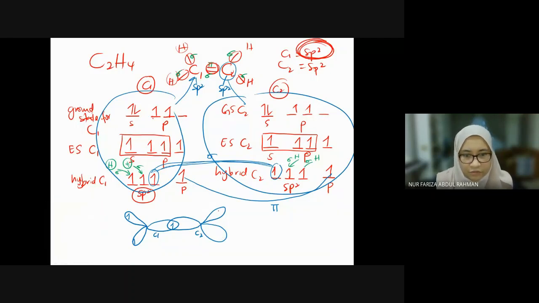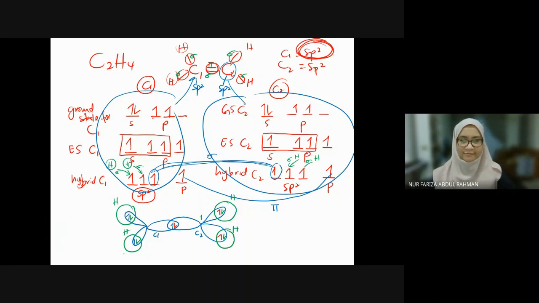For C2 let's use red color. For hydrogen, let's use green color. Hydrogen should be round. Label, guys, label. Okay, done. All the sigma bonds are shown.